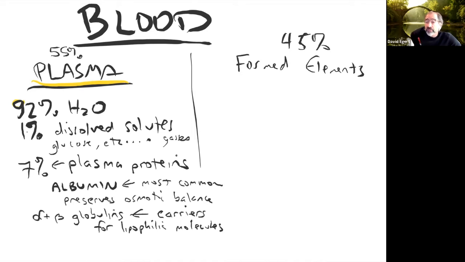Right? If you have a steroid hormone, it can't dissolve in water because it's fat-based and it's hydrophobic. So you have to have it bound onto something that does dissolve in water to actually transport it around in the bloodstream. So these globulins help bind things that normally wouldn't dissolve in the plasma, so you can actually transport them in the bloodstream.